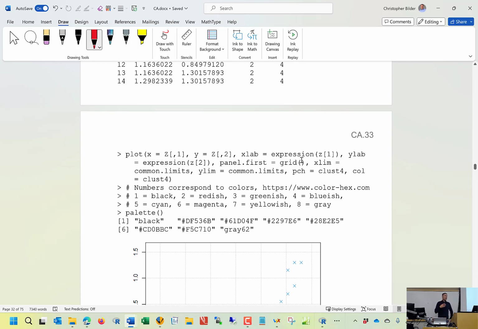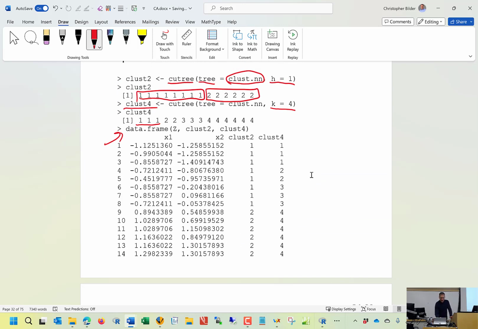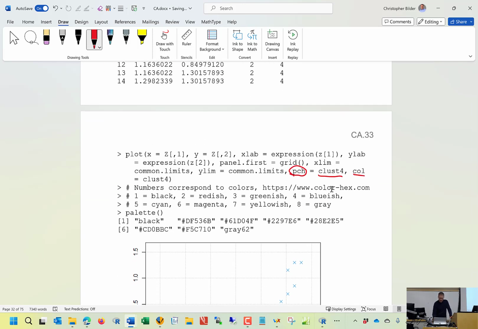So I do a scatter plot where the plotting character, the pch argument, corresponds to these clusters. Now I've chosen to work with the 4 cluster set. Also, if I use col for color, R automatically designates particular numbers with a set of colors, up to 8 different colors.